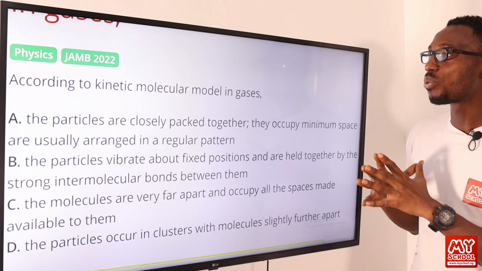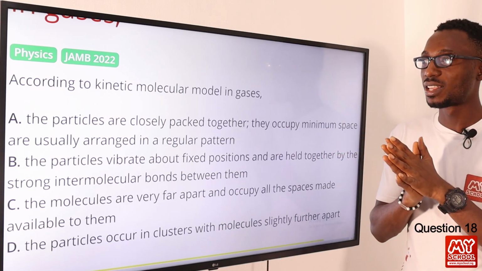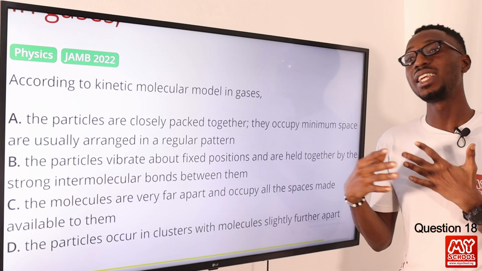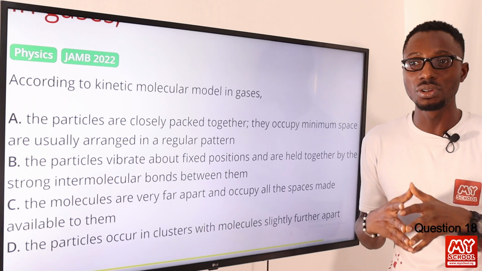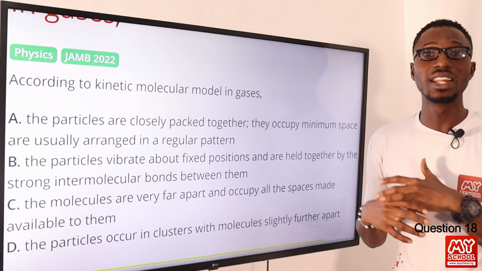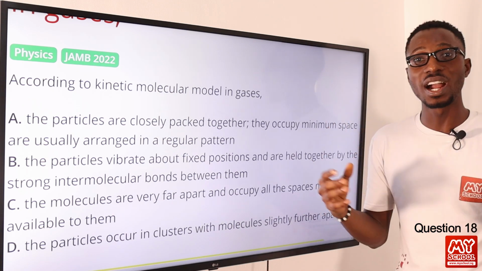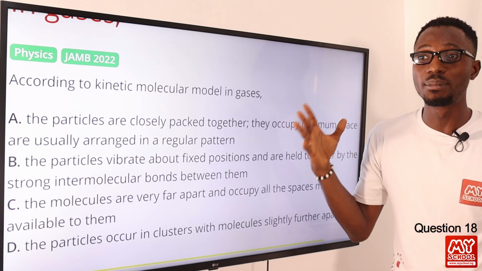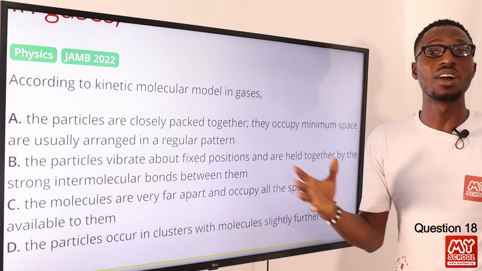According to the kinetic molecular model in gases, these gas molecules are in constant and random motion. They are always moving, and they collide with one another and the walls of their container. There's no specific volume, so they just occupy as much space as is available in their container.